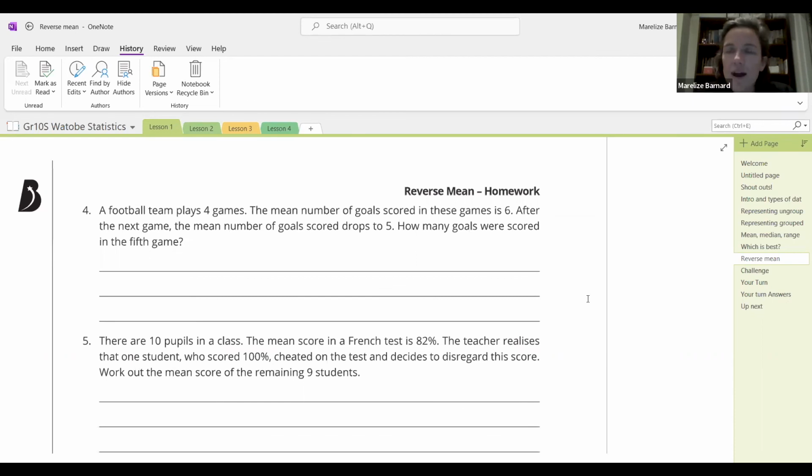We mustn't rely too much on formula. Let's just rely on our logic and our ability to solve problems, because most problems in maths don't have a set formula. This is just working backwards, basically. It's like when you have the mean and then you work backwards.